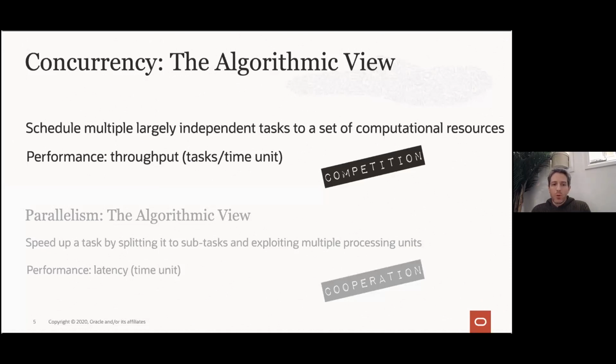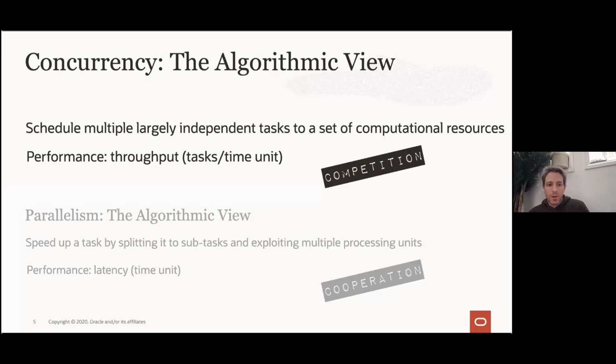From the algorithmic perspective, concurrency is the algorithmic problem of scheduling or assigning largely independent tasks to computational resources. By computational resources, I mean processing cores and I/O devices, and usually their cardinality is much smaller than the number of tasks. In terms of performance, what interests us is the throughput, and we'll talk much more about that later.